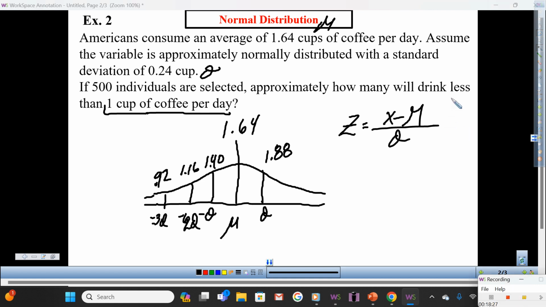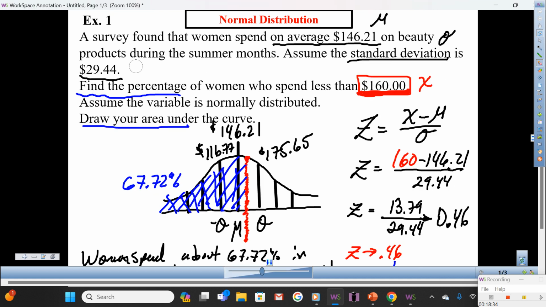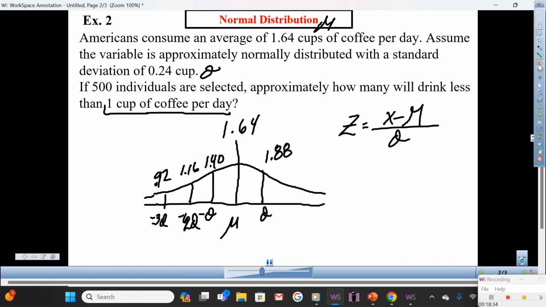And by the way, before we move on, I know some of you are asking the question, Mr. Q, which one is our x, the 500 or the 1? Talk it over with your neighbor. Now let me go back to the previous problem. Look up. Money, money, and money. Does it say anything in regards to people? No, right? So therefore, tell your neighbor what our position, or the x, would be.